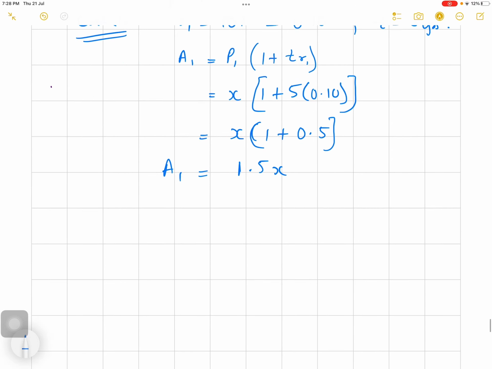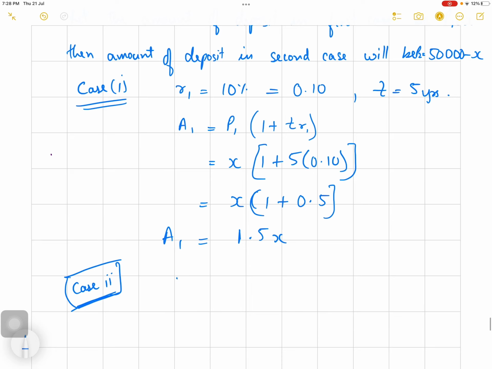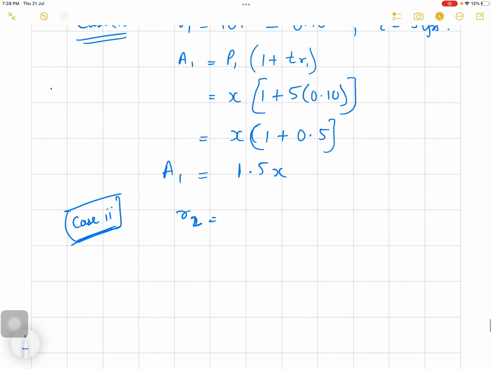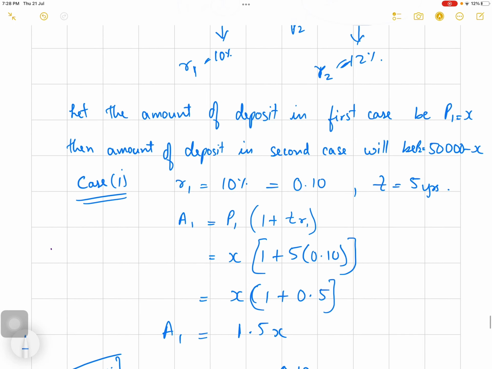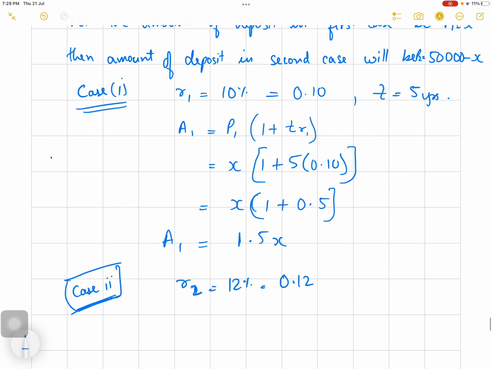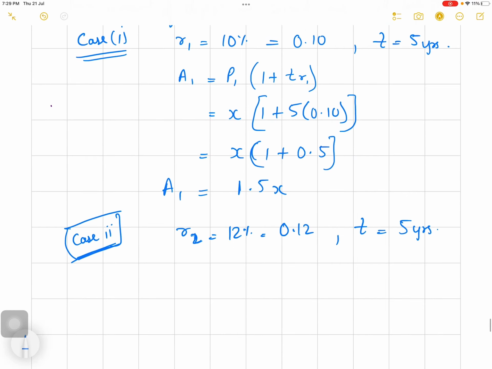Now let us calculate for case 2. In case 2, R2 is given as 12%, which means 0.12, and T is 5 years.